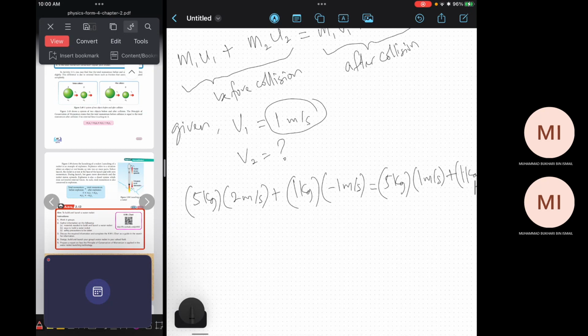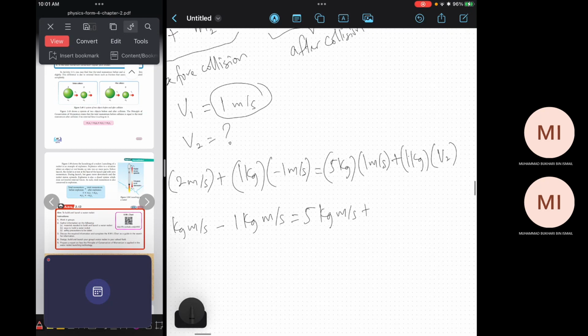Okay, try to solve this problem. 5 times 2 dekat 10, betul tak? 10 kilogram meter per second plus 1 times negative 1. What do you get? Negative lah, betul tak? Is it true? Okay, so kita tulis negative 1 kilogram meter per second. The next one, 5 times 1. 5 juga, betul tak? 5 kilogram meter per second plus this one you don't know.